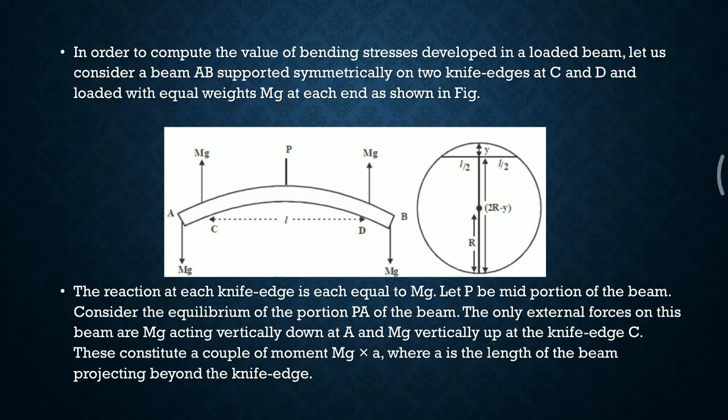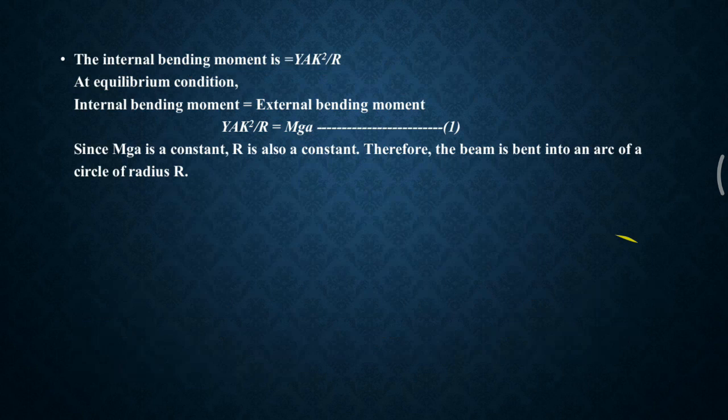Then the only external forces on this beam are mg acting vertically downwards at the point A and mg acting vertically upwards at the point C. That means you are observing two equal unlike parallel forces not acting along the same straight line at the points A and C, which constitute a couple. These constitute a couple of moment given by mg into a, where a is the length of the beam projecting beyond the knife edge.